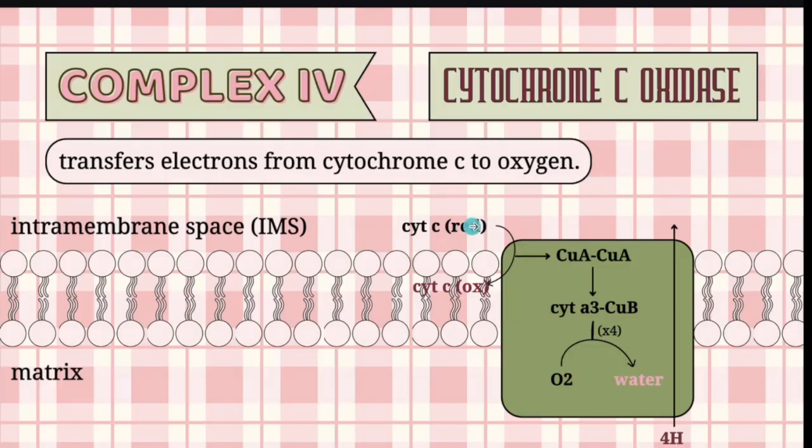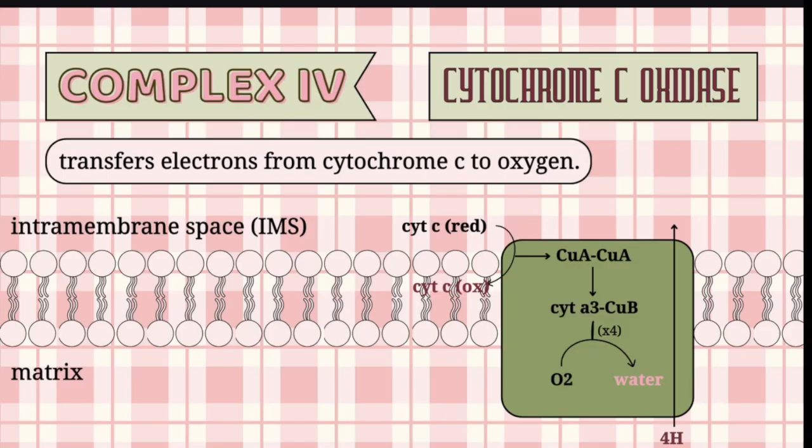Okay, so basically, each cytochrome C that was reduced in complex 3 will come to complex 4, and it will donate 2 electrons, one at a time, to this copper-copper center. Now, each electron, one at a time, will move from the copper-copper center to the iron-copper center.